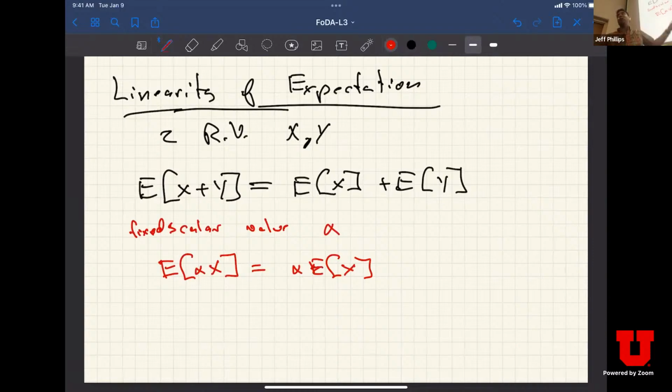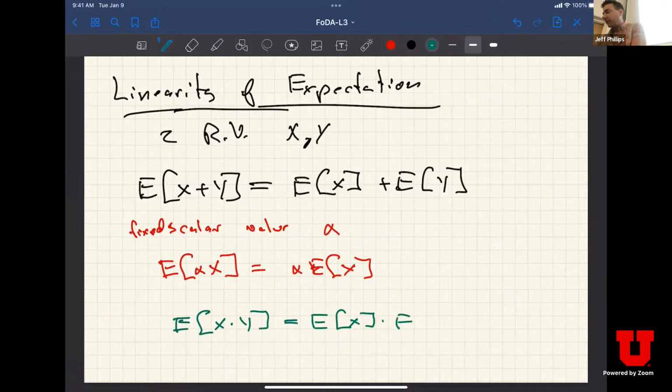I can't in general do it; it's not in general true that the expected value of x times y is equal to the expected value of x times the expected value of y. This is in general not true. So I can't in general do that.